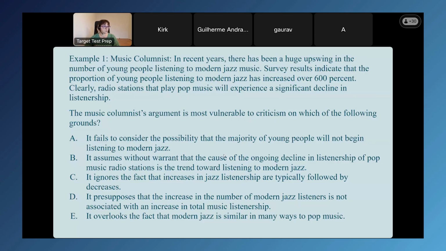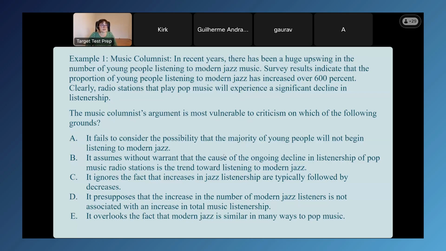B, it assumes without warrant that the cause of the ongoing decline in listenership of pop music radio stations is the trend towards listening to modern jazz. This one's kind of tempting, but look at our evidence. Our evidence does not say that there has been a decline in people listening to pop music radio stations.